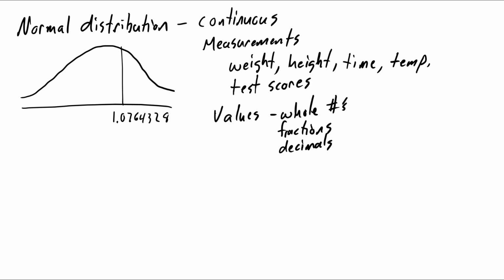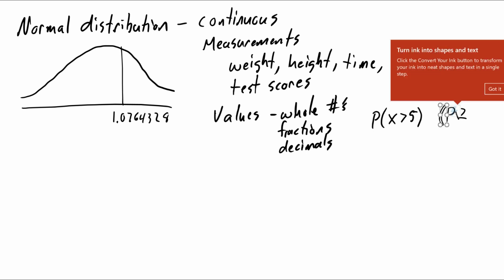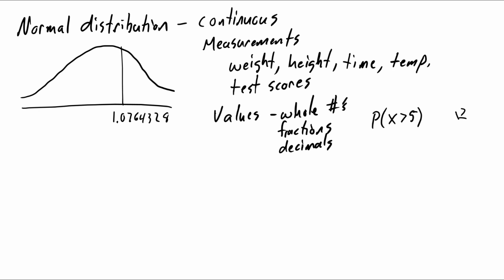For the normal distribution, if we see something like the probability that x is greater than 5, that is essentially the same. It's not exactly the same, but it is essentially the same as the probability that x is greater than or equal to 5.